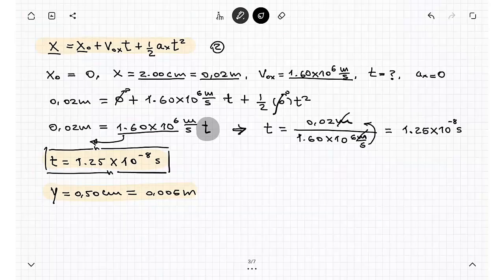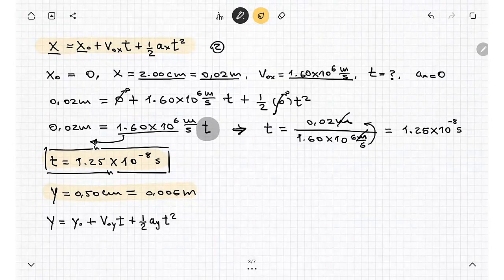So we want to write the equation of motion of a particle that is moving along the y-axis under an acceleration: y equal to y0 plus v0y multiplying the time, plus 1/2 of the acceleration along the y-axis multiplying the time squared. This is the equation of motion of a particle moving along the y-axis.